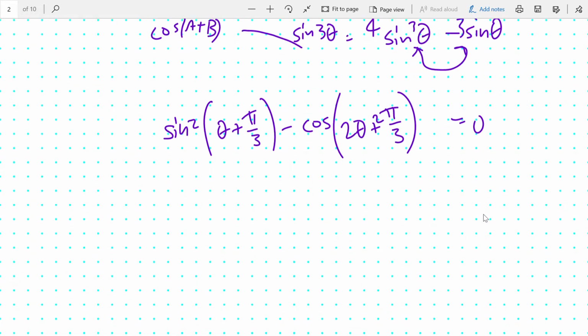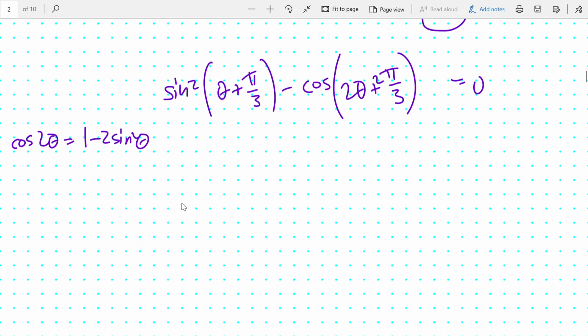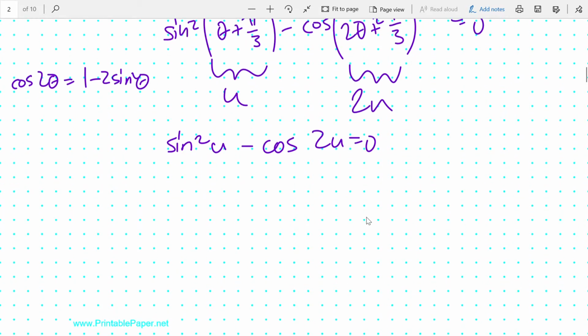Say this is equal to 0. And you proved earlier in the question, like part A of the question, that cos 2 theta was 1 minus 2 sine squared theta. So what would you actually do with this? Well, the key u substitution to make here is to let this be equal to u, so that this is equal to 2u. And then you have sine squared u minus cos 2u is 0. And of course, you're left with cos 2 theta being 1 minus 2 sine squared theta.